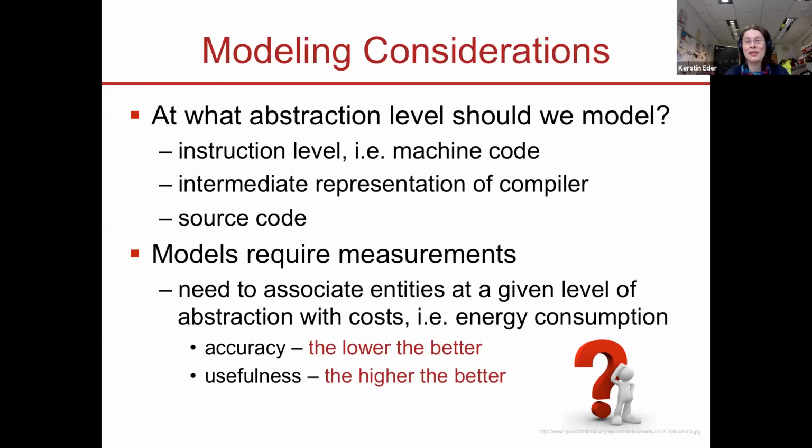Every modeler has to think about this and make the right choice for what they want to do with their models. So for us, we wanted to do static resource analysis. We've looked at what we wanted to do based on the slide that I've already shown. And we decided, instead of extracting the cost relations at the source code level, we are going to extract those cost relations at the machine code level.